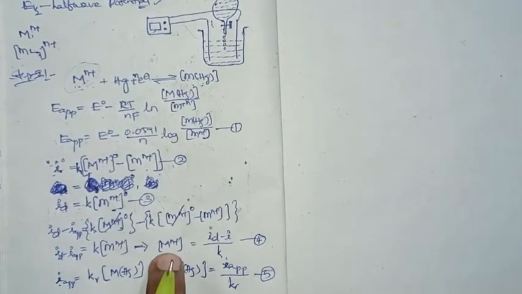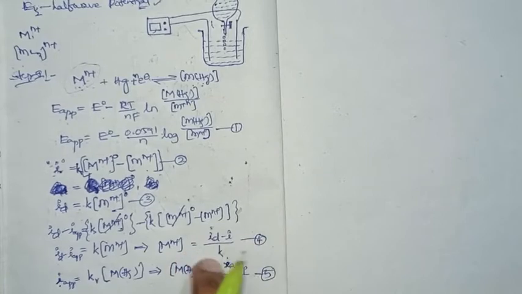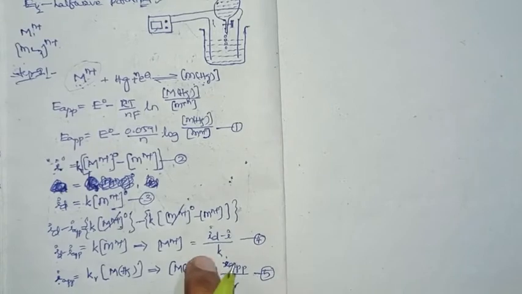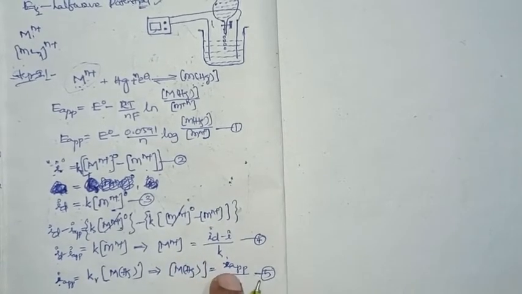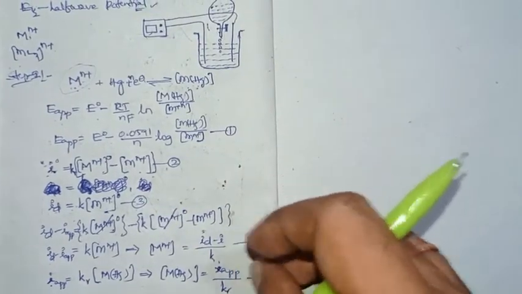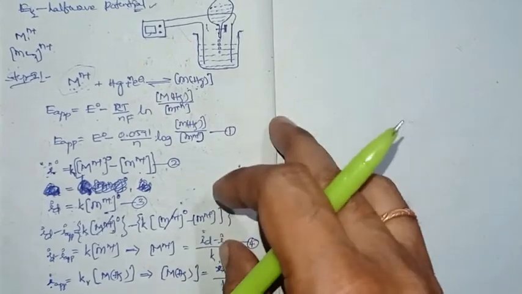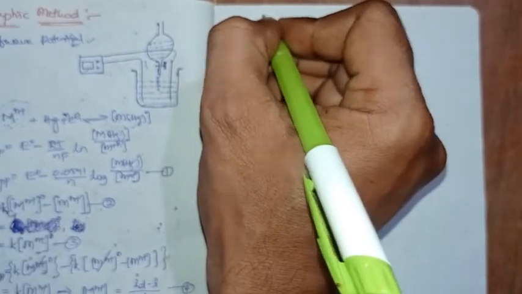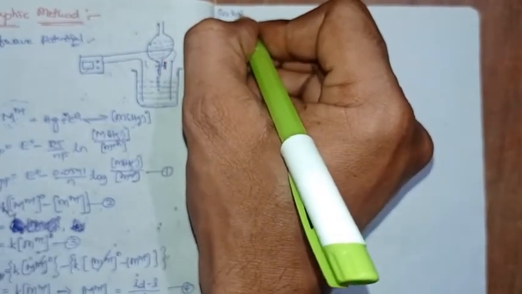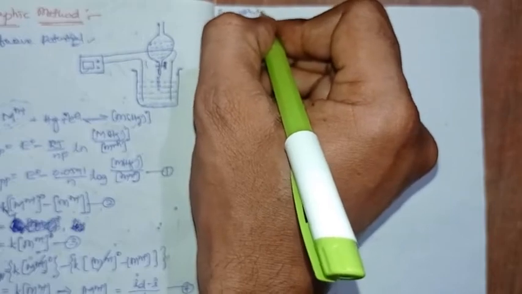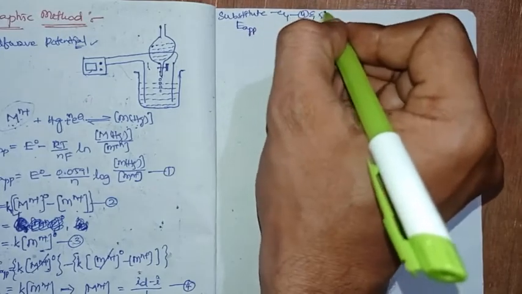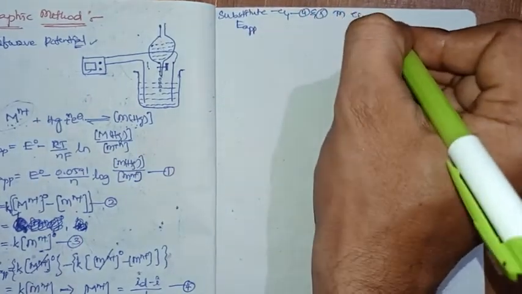Now, having the remaining metal ion concentration and the amalgam concentration in terms of the known values of current and constants, we substitute equations number 4 and 5 in equation number 1.